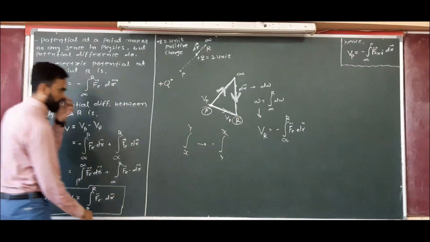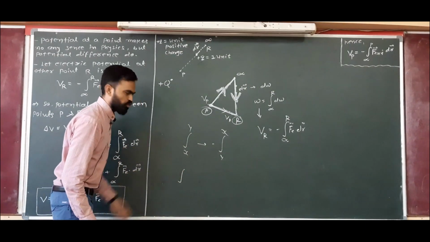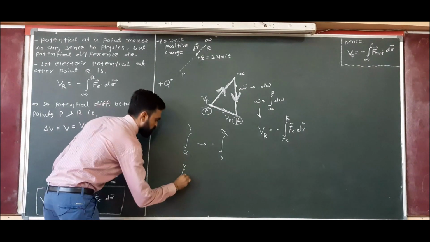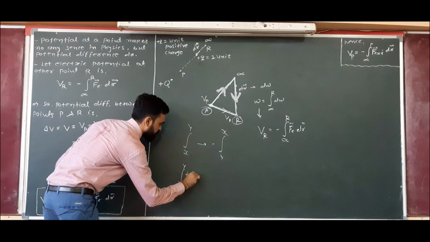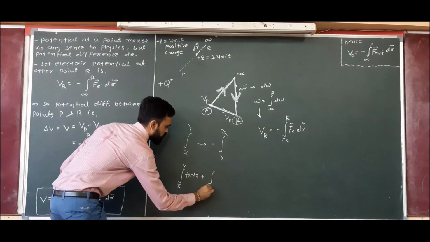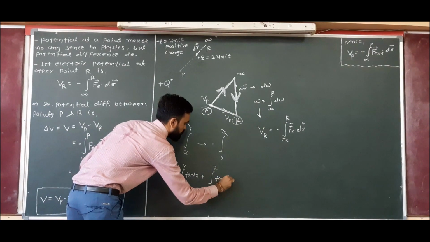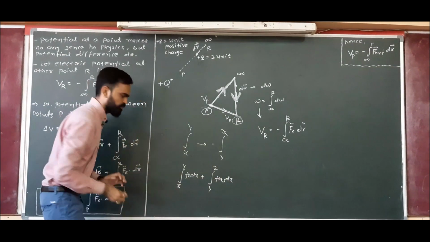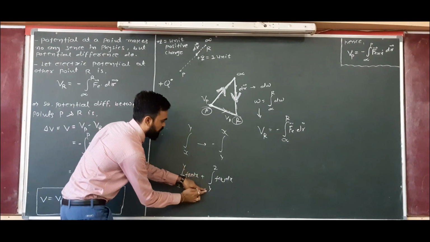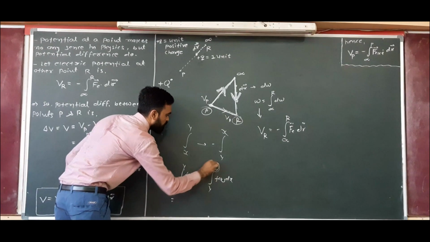So whenever you have something like this, I am writing it in short, integration x to y f of x dx plus integration y to z f of x dx, then we go from x to y, then again y to z, and we can go directly with the initial to final limits.